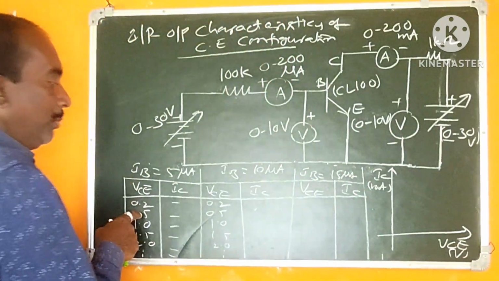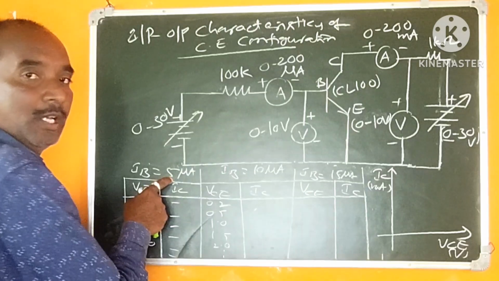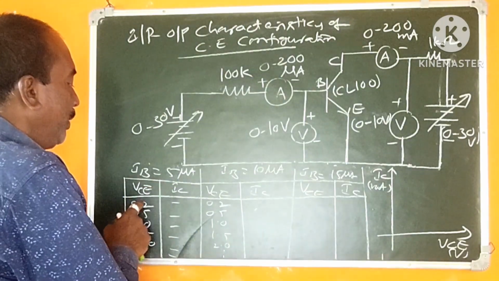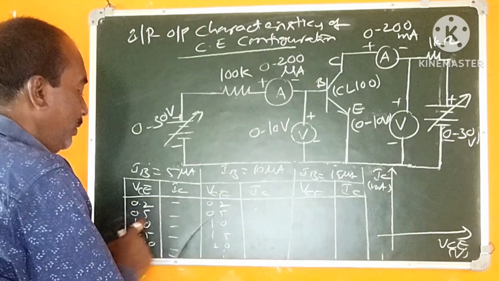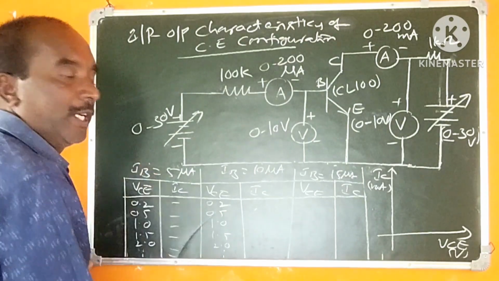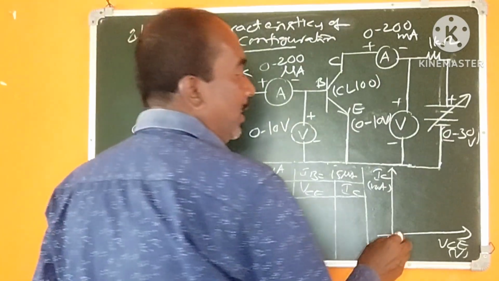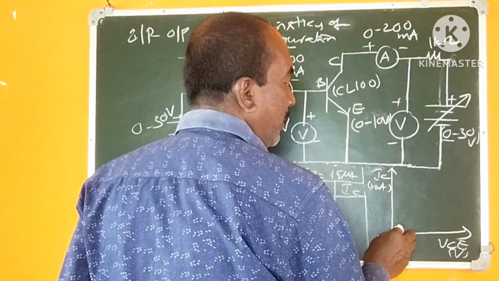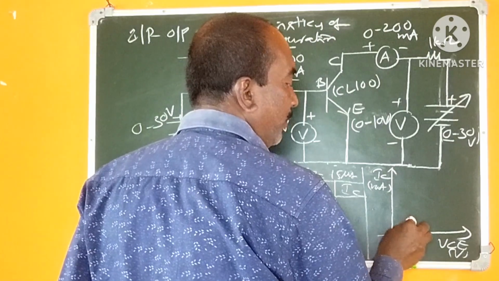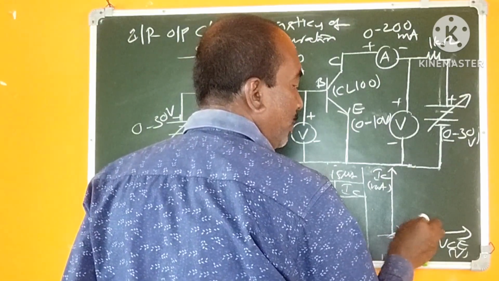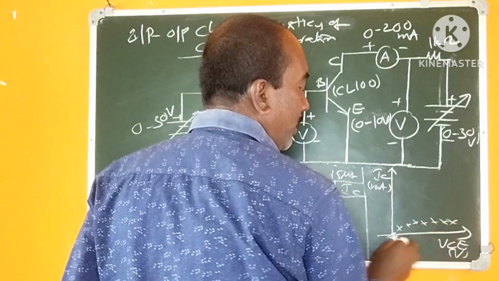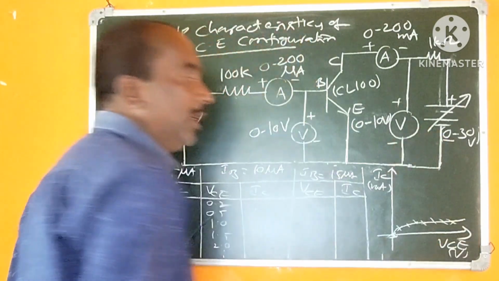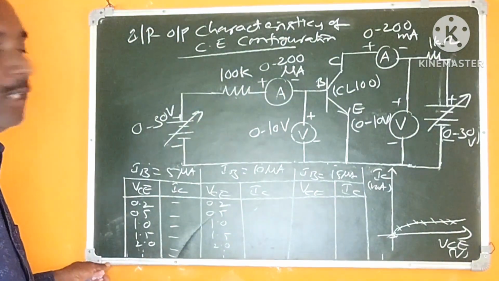Let me consider the model graph of the first experimental values for VCE and IC: 0.2 volts, 0.5, 1 volt, 1.5 volts, and so on. After noting down all the readings, by joining them, you may have this type of curve.